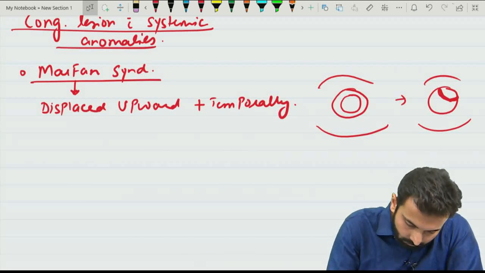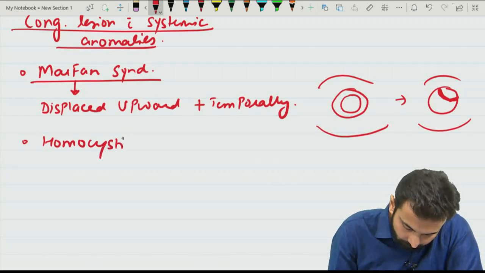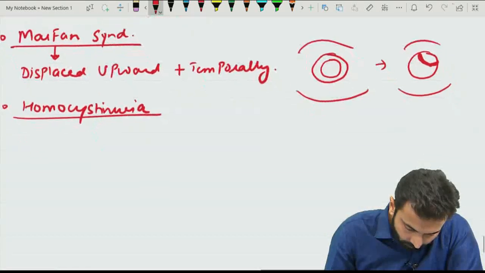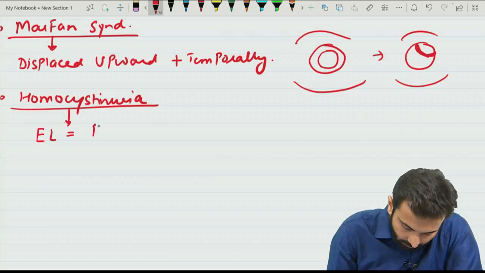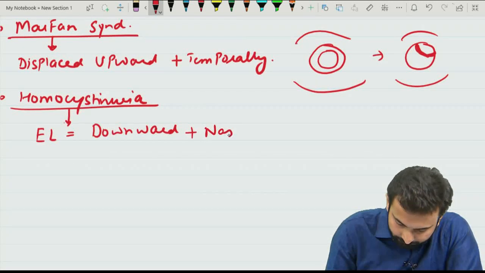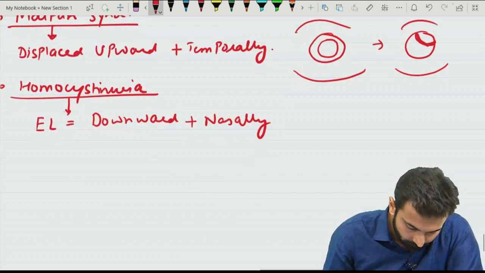Second cause is also very important. Second cause is homocystinuria. The direction of ectopia lentis in homocystinuria is downward. Direction is downward and nasally. It is not temporally, it is nasally.